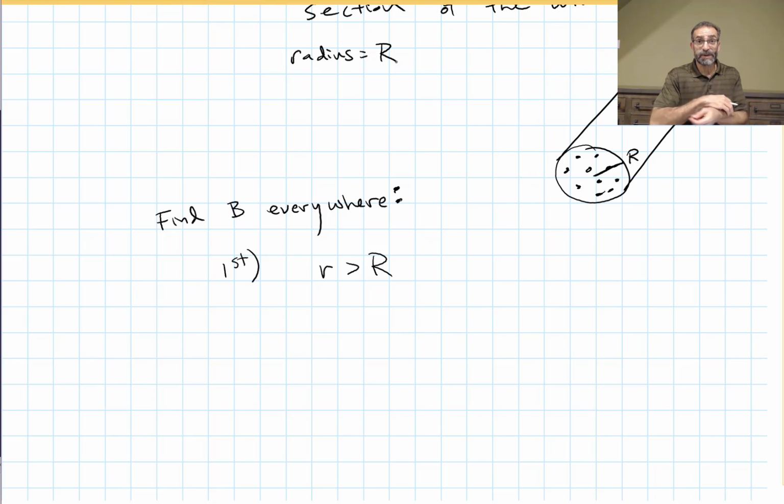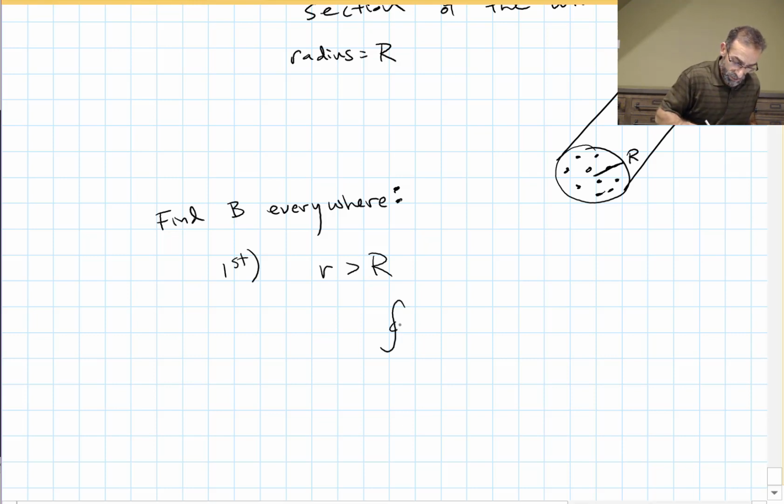I'll show you it's 2 lines, 3 lines, we're done, no integrals to look up. Integral around a closed path of B dot ds is mu naught I enclosed by that path.